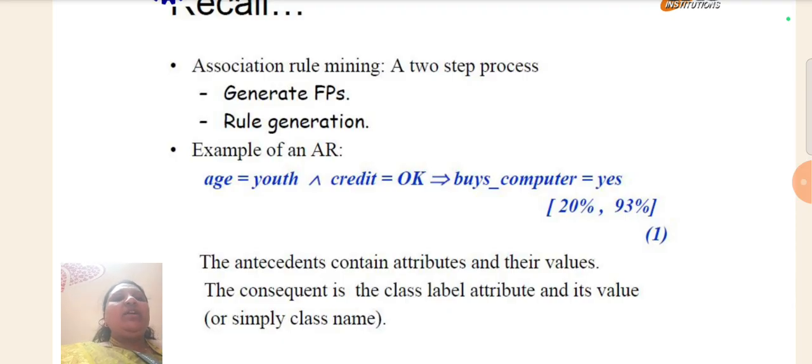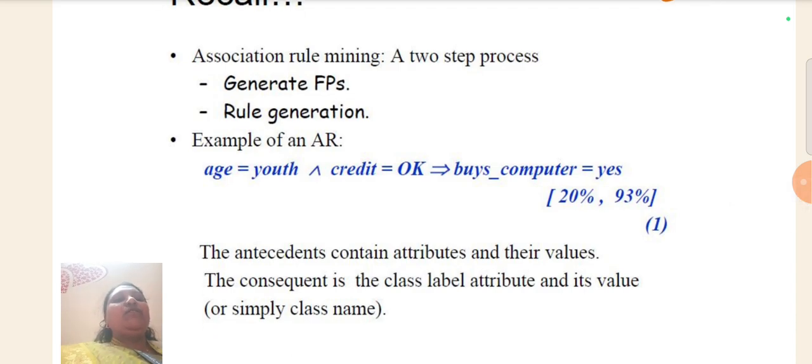For example, for the attribute relationship: if age is youth, that is age less than 30, and their credit rating is okay, then automatically the condition of buying a computer is yes. So this is about the 20, 93.